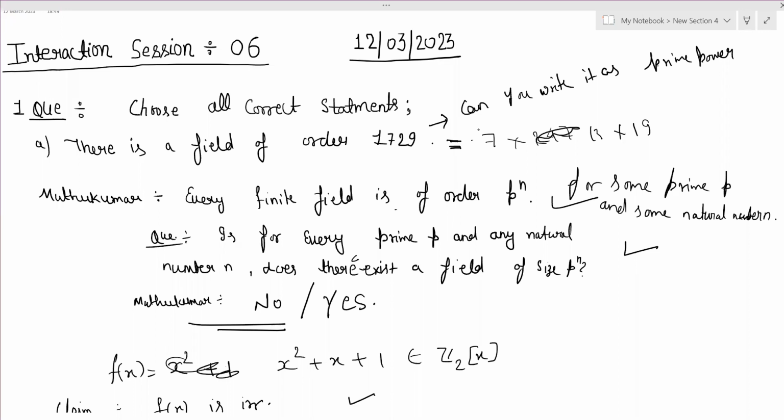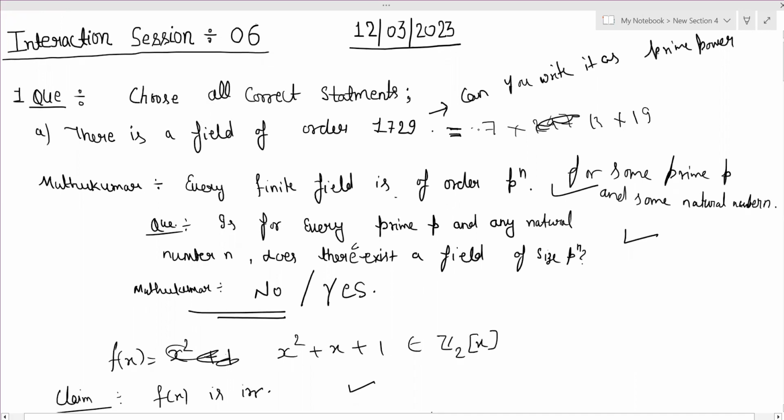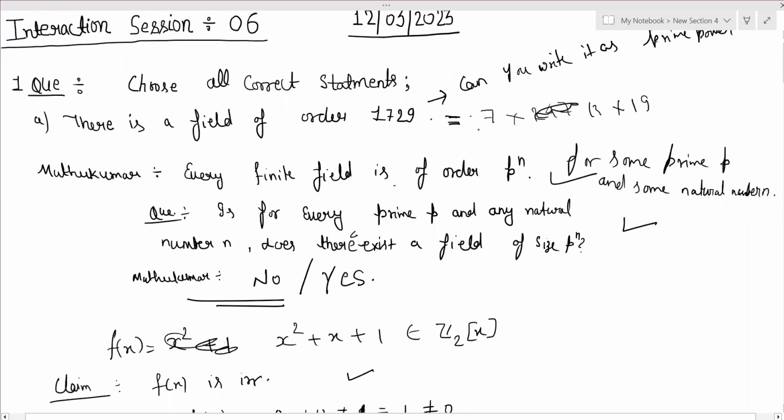Let me check this by calculator. Yes, it is correct. So there is no field of order 1729 because it is not a prime power. So this is a false statement.